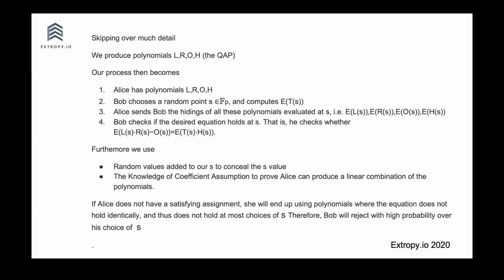So if the polynomials don't match, he will be able to reject this proof with a high degree of probability, because we've seen that the polynomials really don't add up at a particular value of S. And as I say, to prevent cheating, we're allowing these values of S to be chosen at random, so that we cannot handcraft our polynomials to look correct for only a few values. Really, you would have to have this polynomial correct for any value that could be chosen.